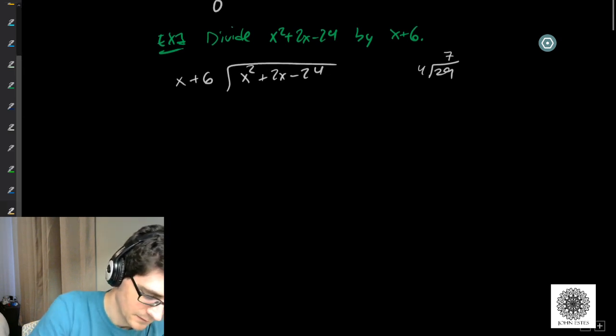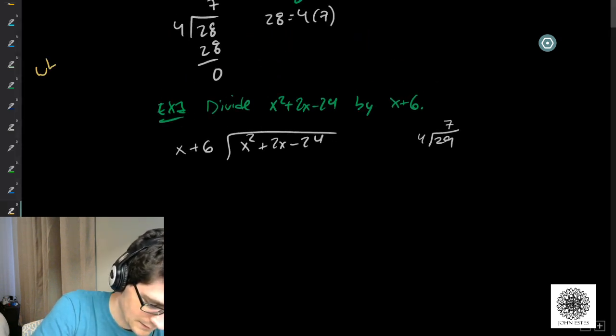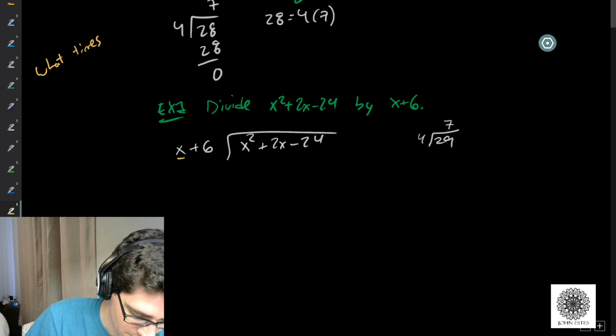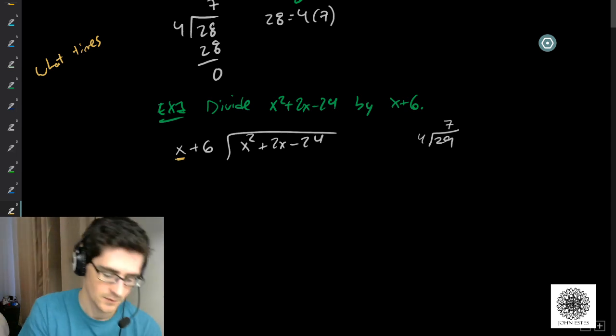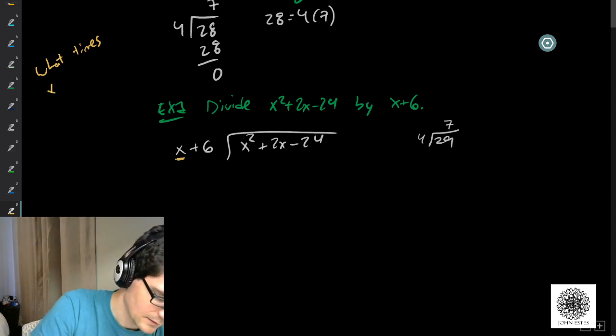You have to ask yourself, what times x, or let's actually not even do x minus 6. Let's just start off with my leading coefficient in my little term here. What times x gives me x squared?